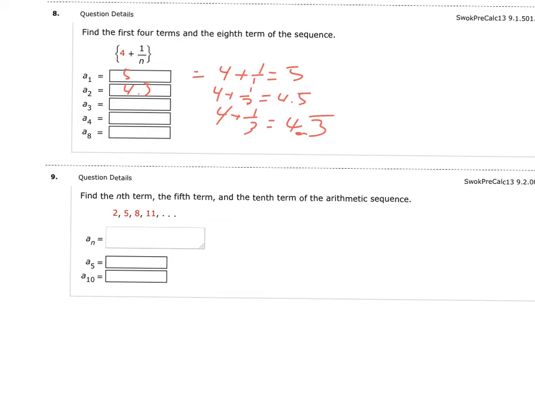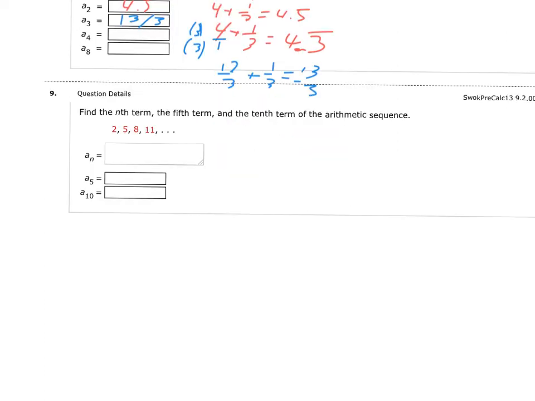The other ones you could have done as a fraction as well, but this one we just have to. So I'm going to do a common denominator here. So 12 over 3 plus 1 over 3, and that should be 13 over 3. So I'm going to type that in as a fraction. The other ones should be a little bit more straightforward. You can probably use decimals for those.